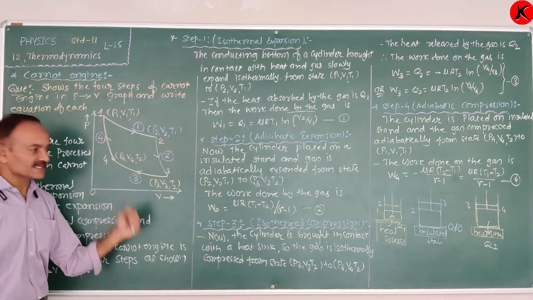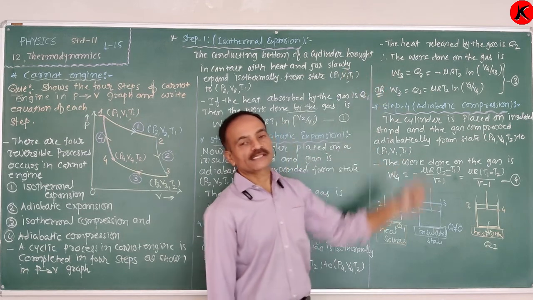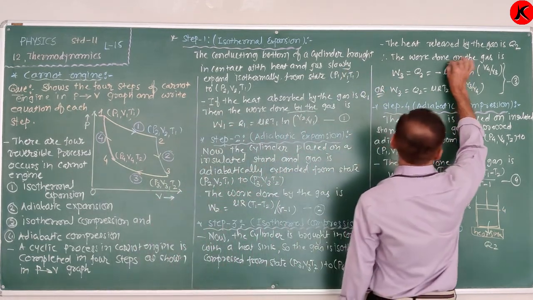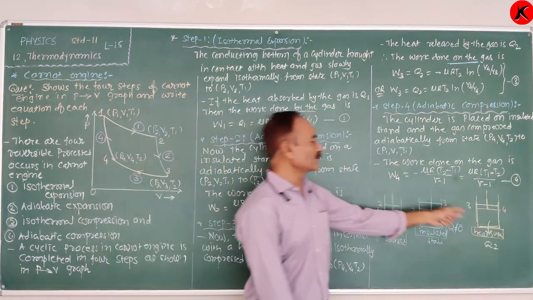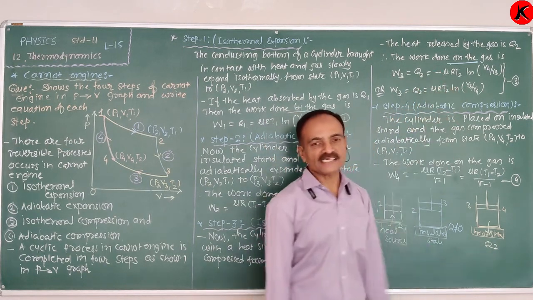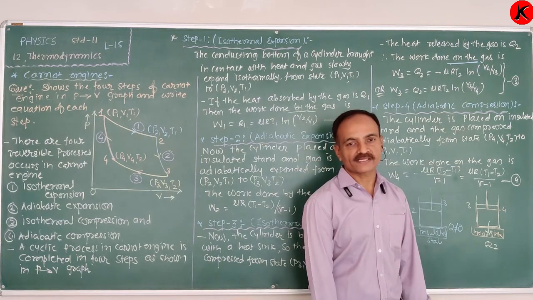If during this compression the heat released by the gas is Q2, therefore the work done on the gas W3 is equal to the exchange of heat Q2, which is equal to minus mu R T2 ln V4 upon V3.